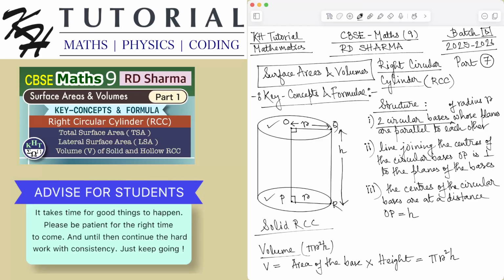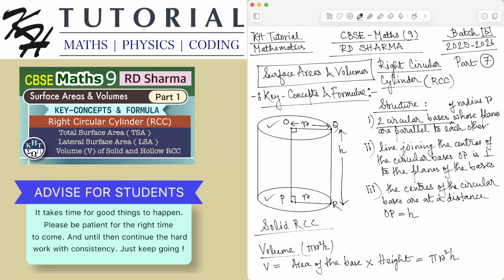The radius of the two circles of the end surfaces or base faces is small r, and the length of the line segment OP is the length or height of the cylinder, denoted by small h.